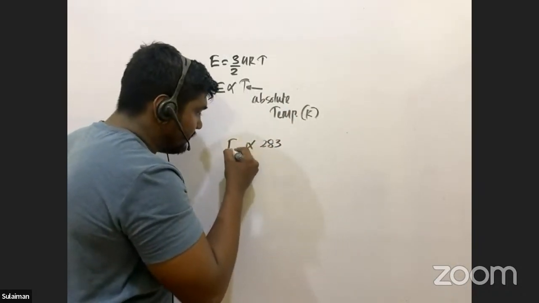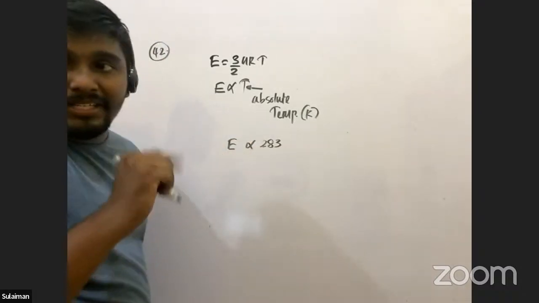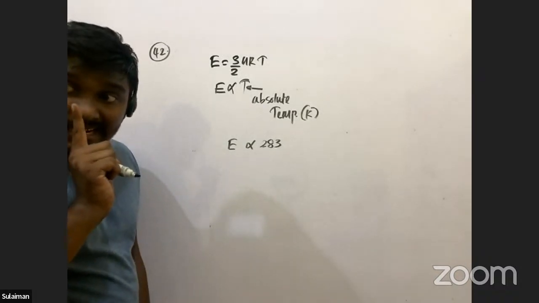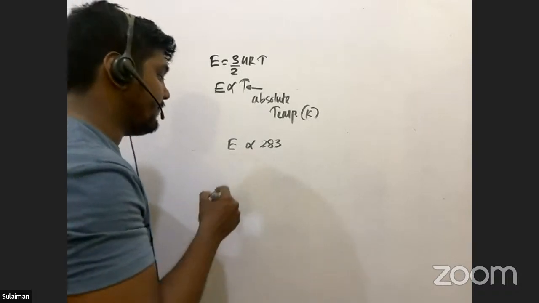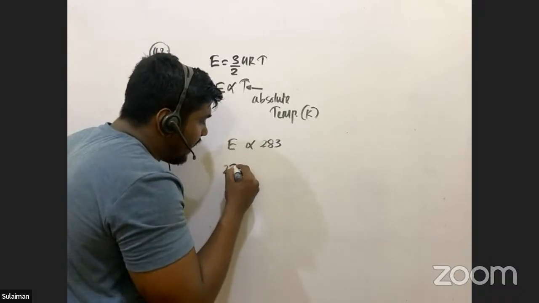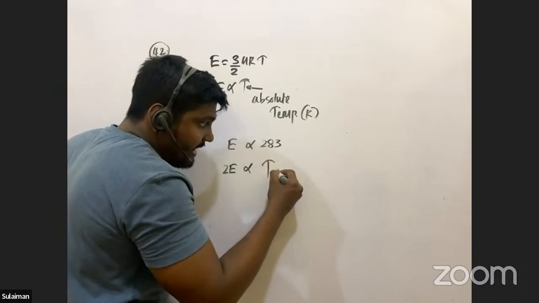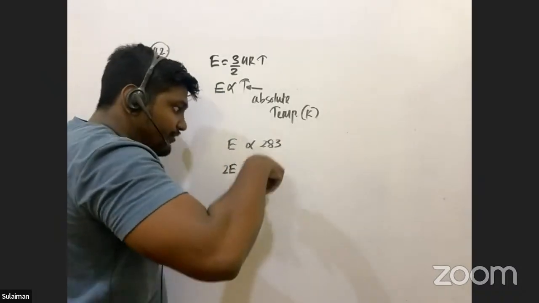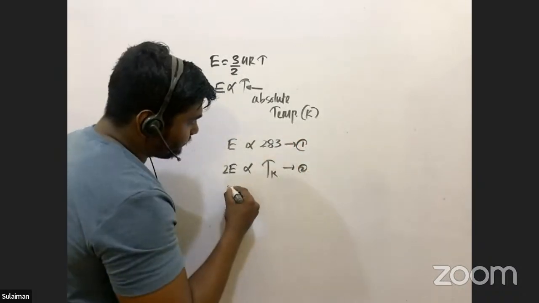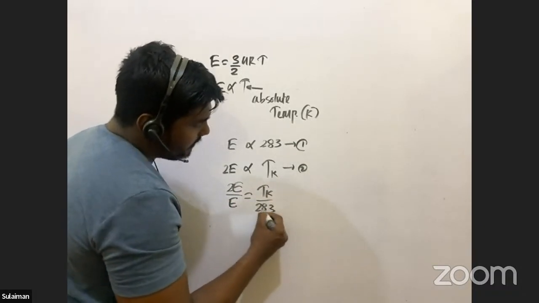Let's say the mean kinetic energy is capital E. Now the temperature is doubled. The previous temperature was 10. They are asking at what temperature the mean kinetic energy will be twice. Now the kinetic energy is 2E, and I say the temperature in kelvins is Tk. If I divide this proportionality 2 by 1, I can say 2E over E equals Tk over 283.